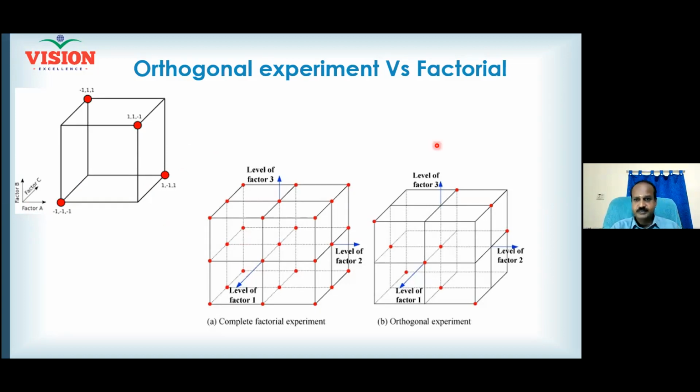Clear? Similarly here, there are 3 axes. How many axes here? 3 axes. Factor 1 is considered here. Factor 2 is considered here. Factor 3 is considered here. And within factor 1, how many points are considered? 3. Not only low and high, but also a medium level.